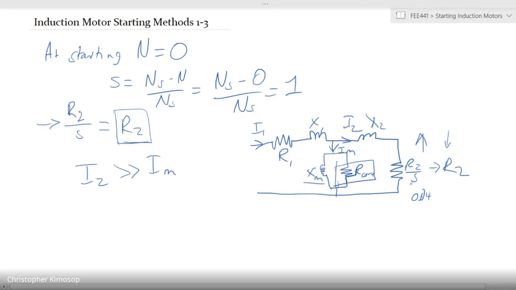At starting, S is very large, so R2 over S is dividing by a larger number and becomes small. That is the genesis of why we say we need a starting method. At the starting point, S is very high, therefore the current flowing will tend to also be quite high.